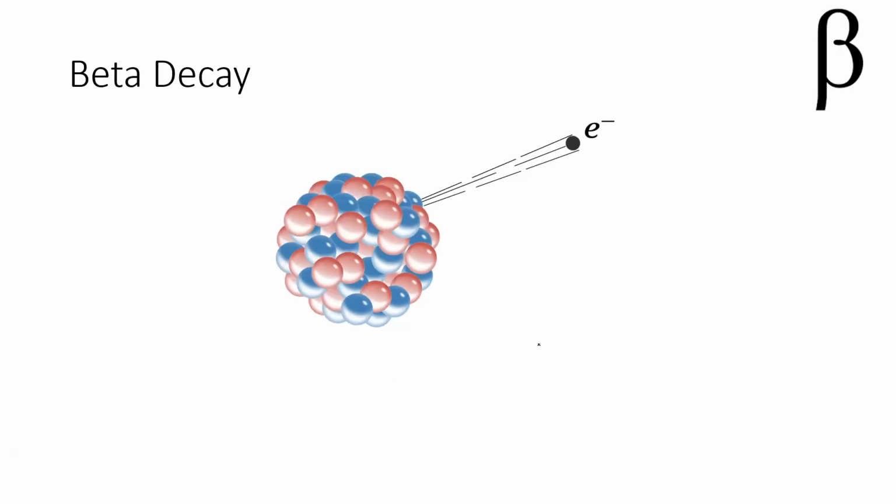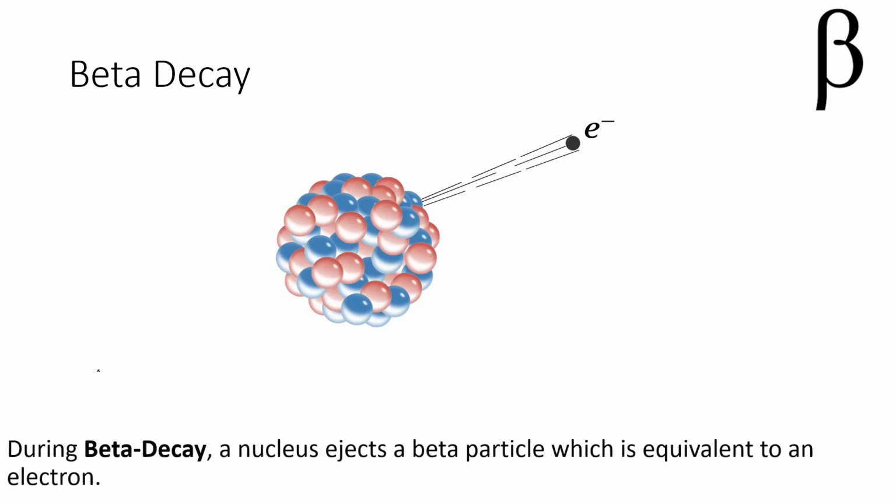All right, so beta decay. Up in the right-hand corner, you'll see the Greek letter for beta. Now, beta decay, as you can see here, is where we've got this nucleus and it's releasing a single electron. So during beta decay, a nucleus ejects a beta particle, and a beta particle is equivalent to an electron.